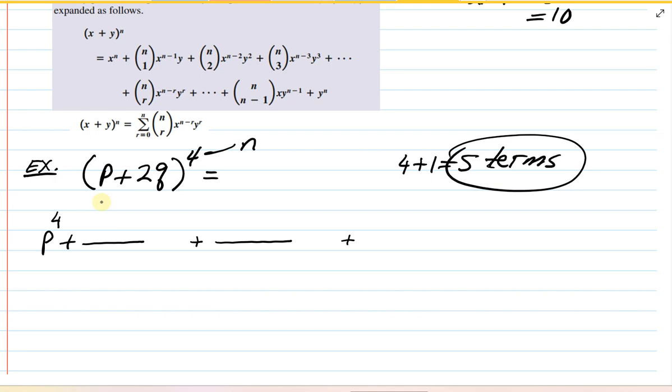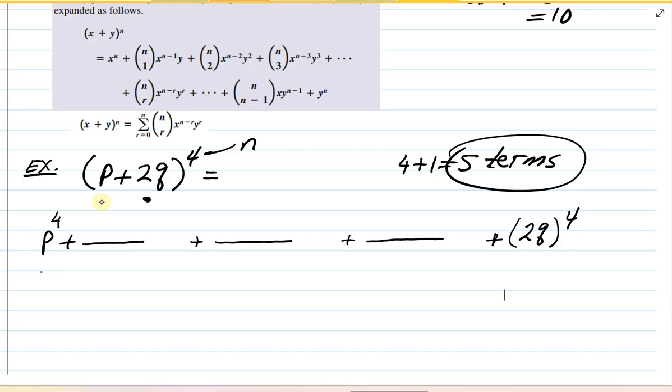First term, p to the fourth. Last term, the fifth term. First, second, third, fourth. I can do one more of these and then put the last term. The last term, remember, was y to the power. Instead of y, we have 2q. So it's going to be 2q to the fourth. First one to the fourth, last one to the fourth.